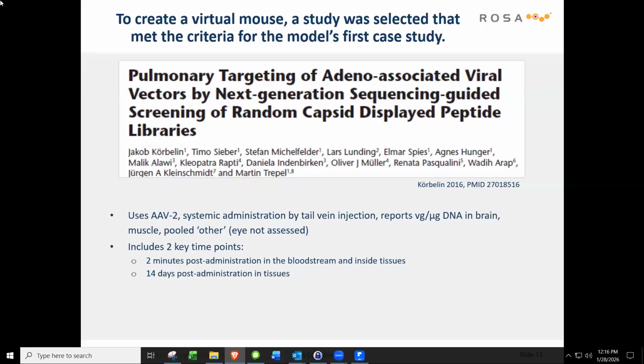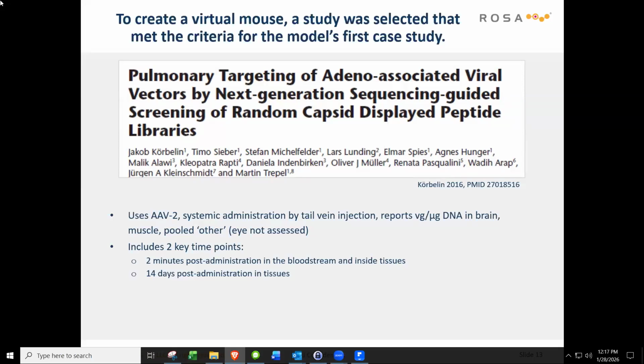The data that they reported is vector genome per microgram of DNA in brain, in muscle, and in other tissues. Unfortunately, they didn't have data for eye, but at least it was a very good paper to calibrate the compartments we were trying to define and represent for this study.